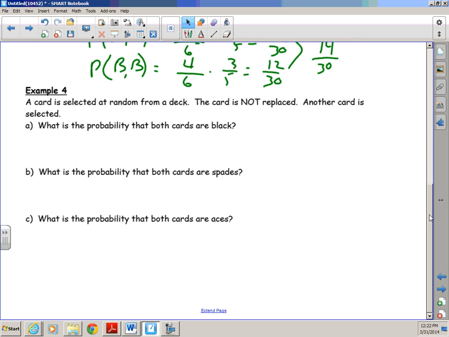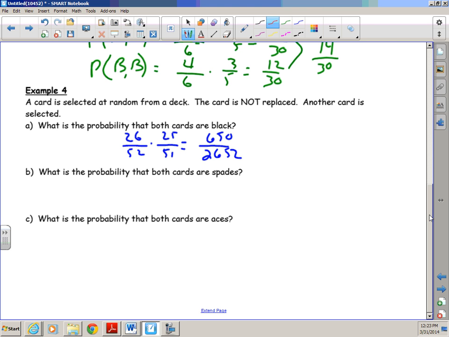All right. A card is selected from a deck and it's not replaced. Probability both are black: 26 out of 52 times 25 out of 51. And when you do the multiplication, 650 over 2652. Okay? Probability that they are both spades: 13, 12, 156 out of 2652.